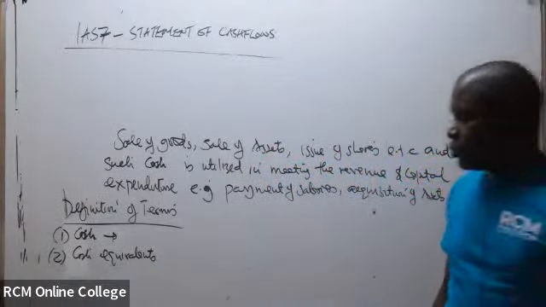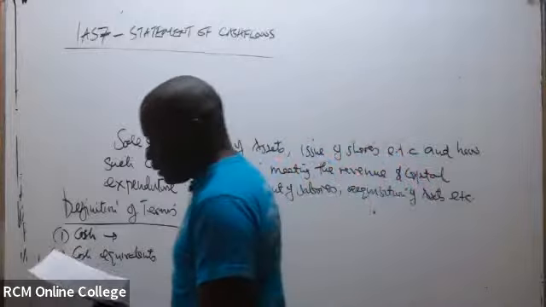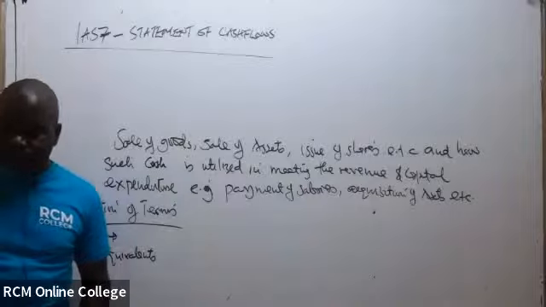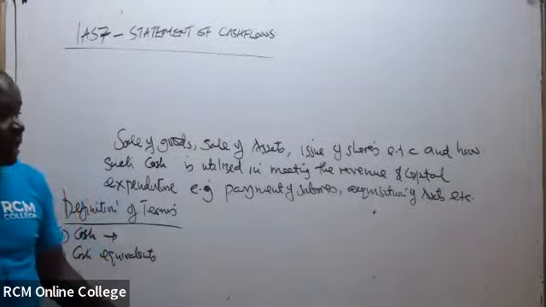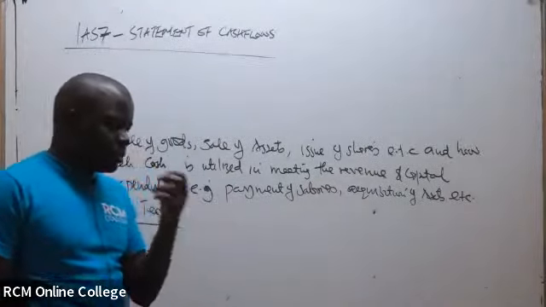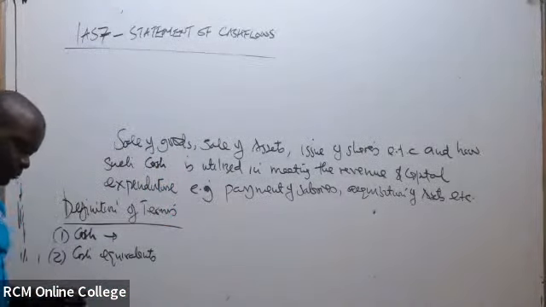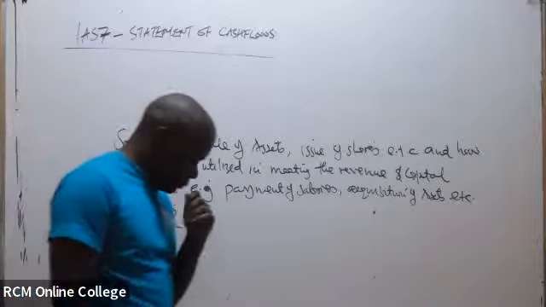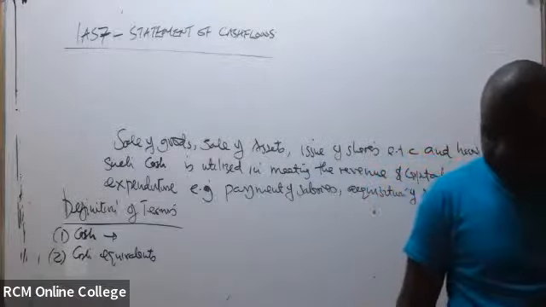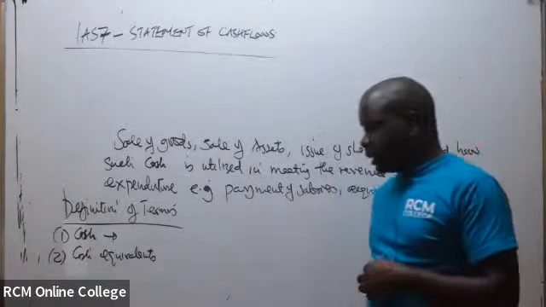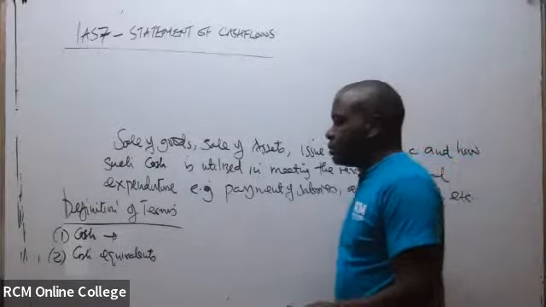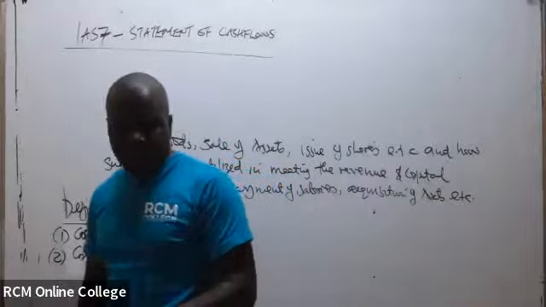So you can give examples: treasury bills and bonds. That is an example of a cash equivalent.